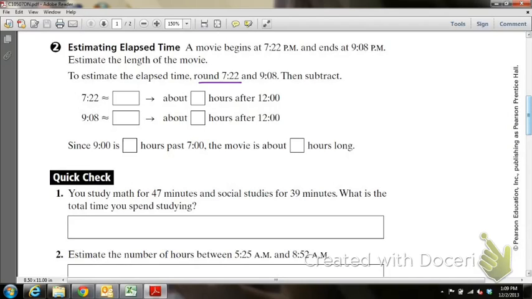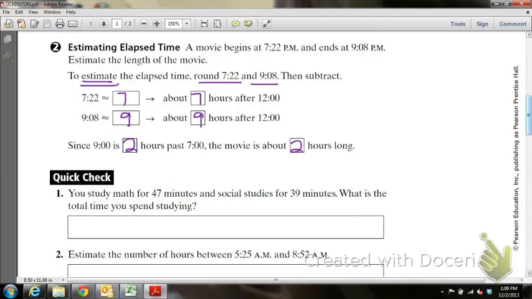So we're going to round our 2 numbers because it said estimate. 7:22 is about, we'll round, that's less than half an hour, so we'll say that's about 7. So that's about 7 hours after 12 o'clock. 9:08 is really close to 9. So that's about 9 hours after 12. So 9 is 2 hours past 7, so the movie's about 2 hours long. That's estimating.